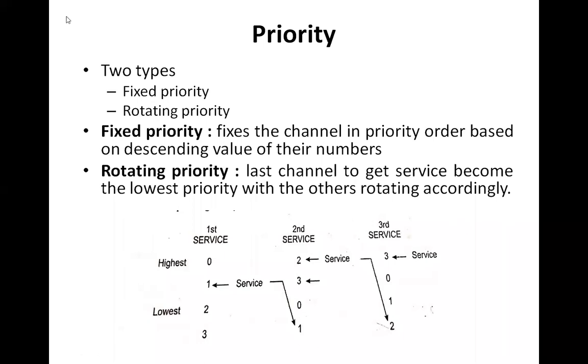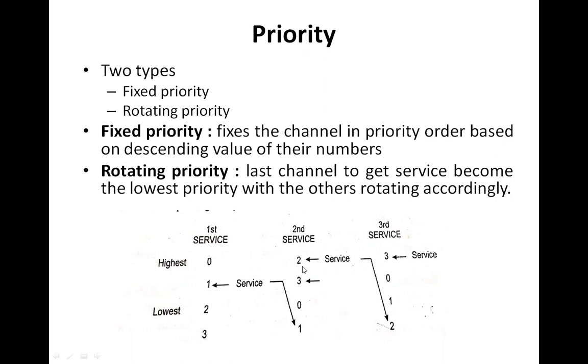Suppose for the first service, 0 has the highest priority and 3 has the lowest, and the device connected with channel 1 has been entertained by the DMA controller. Once this service is over, channel 1 will have the lowest priority, and then 2, 3, 0, and 1 will be the priority order.